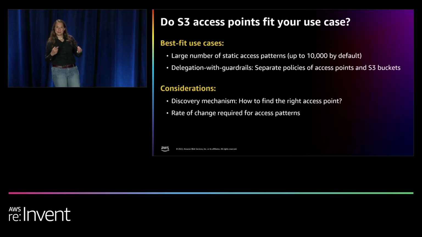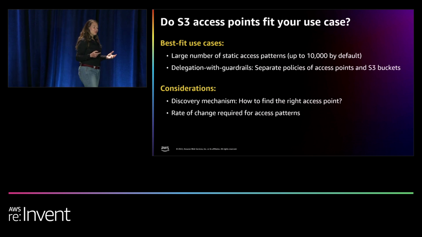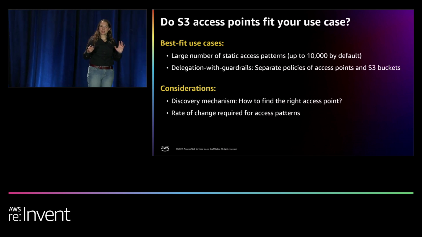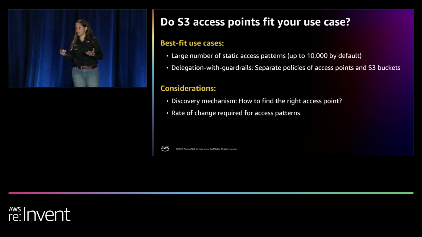Two things to think about when evaluating this use case. First of all, if you have some kind of catalog, either lowercase c or uppercase C, of your data, that catalog probably refers to locations in S3 relative to an S3 bucket. Now, of course, here you're going to need your clients to actually access them through that alternative alias. So you probably are going to find yourself needing to make changes to your catalog or whatever other discovery mechanism you had.